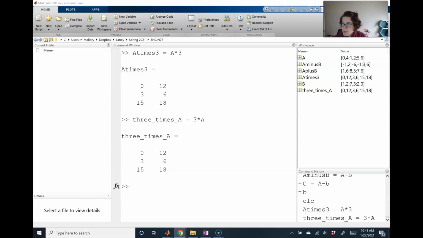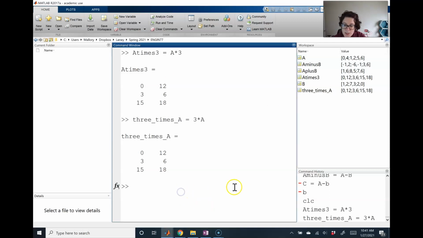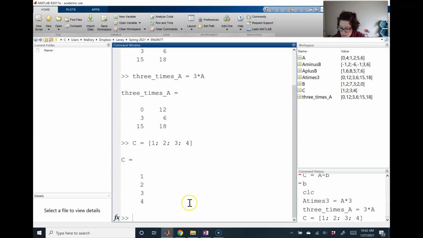Next, we have matrix multiplication. So I'm going to start here with, let's call this one C. And C is going to be 4 by 1. So I'm just going to put 1, 2, 3, 4. So it has 4 rows, 1 column. That is C. And D is going to have 5, 6, 7, 8, 1 row, 4 columns.